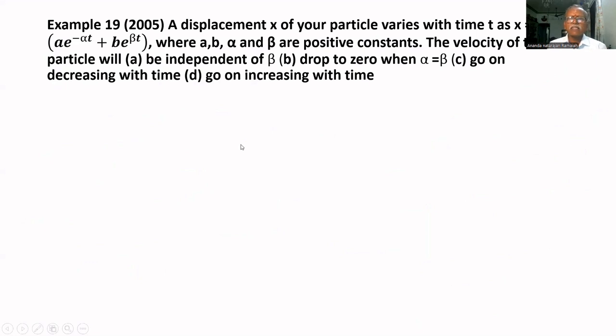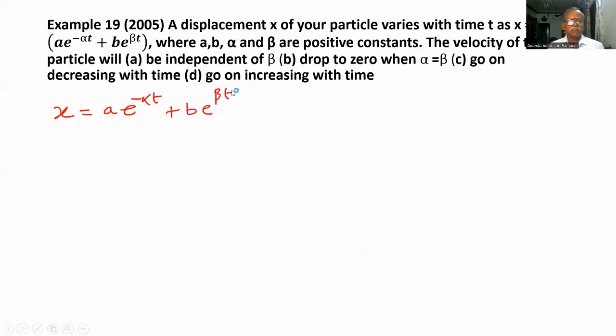A displacement x of a particle varies with the time t as x equal to a e power minus alpha t plus b e power beta t.